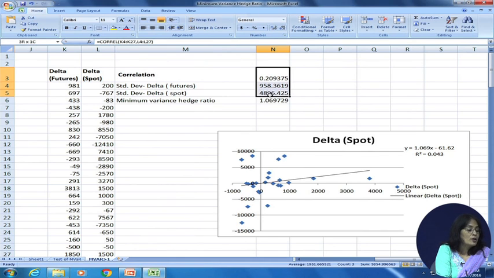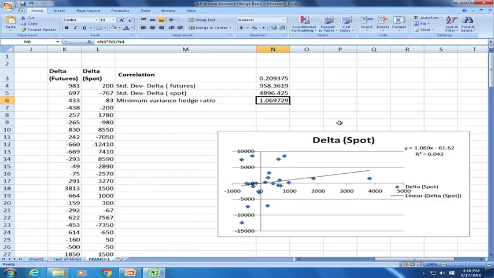So taking into consideration all these factors, you can have a minimum variance hedge ratio of 1.06.